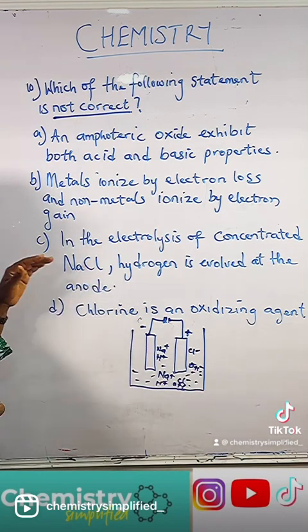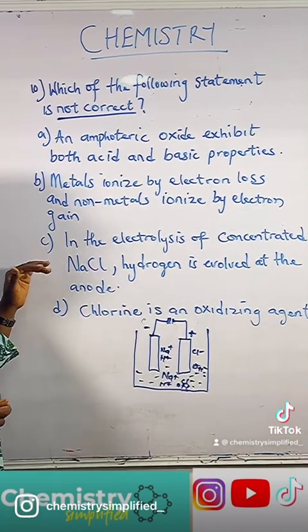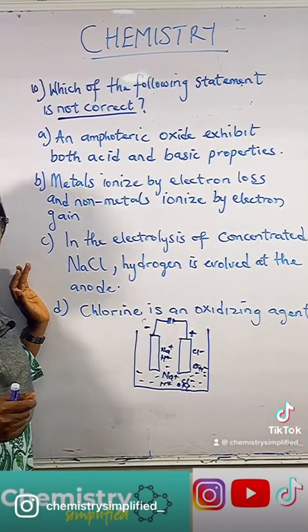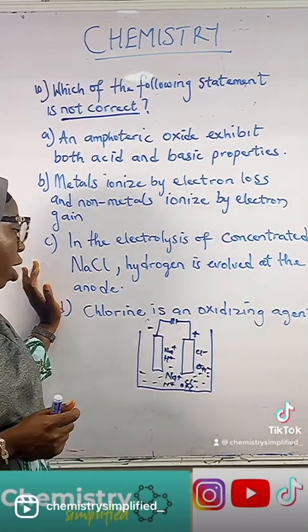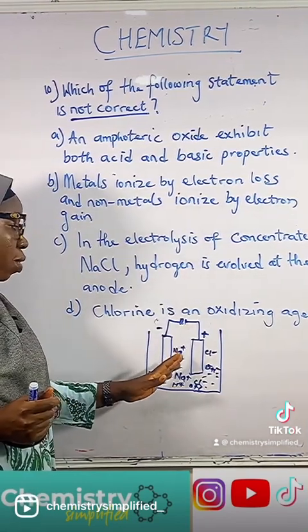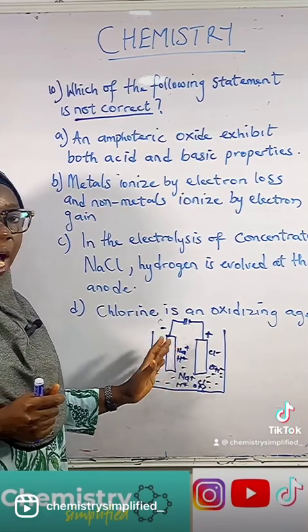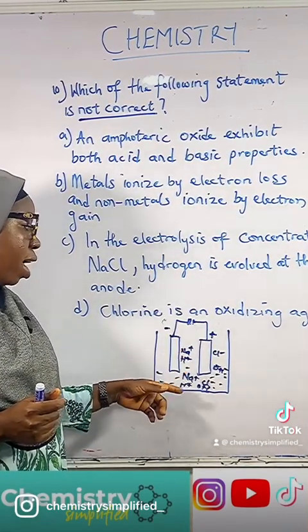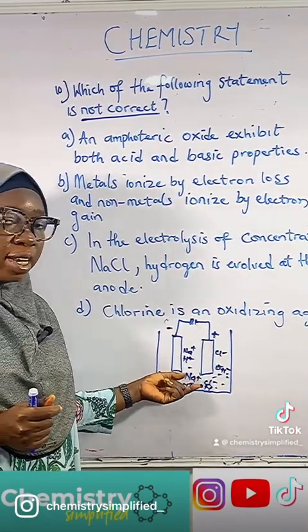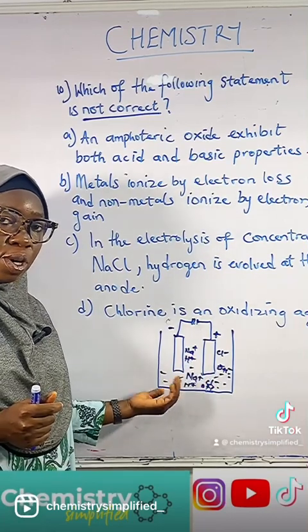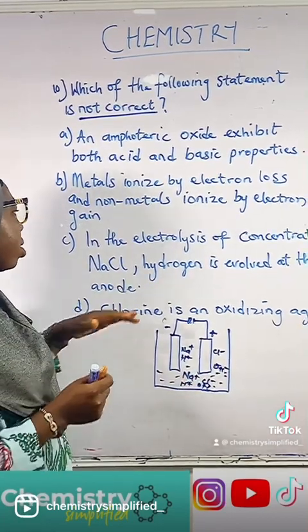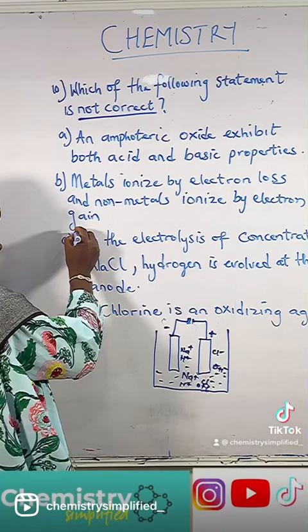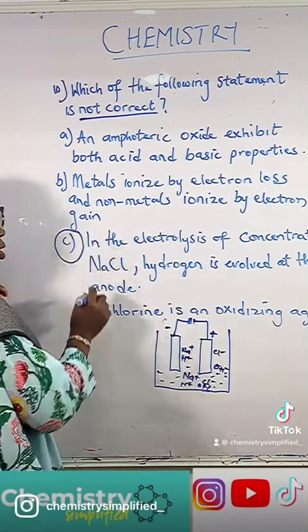So definitely option C is not correct because hydrogen is a cation, so it moves to the cathode. And also here, hydrogen will be deposited at the cathode. So option C is not correct, which is the best option for this question.